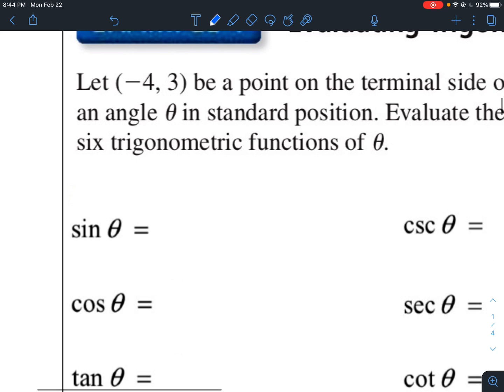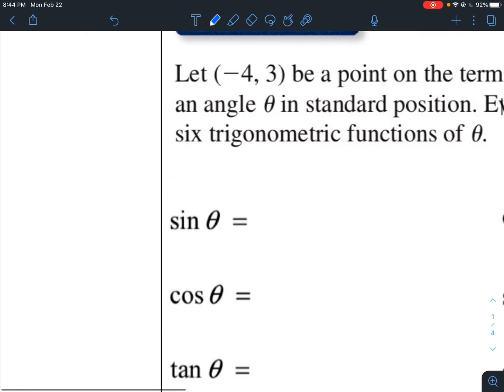So we know the Pythagorean theorem. I'll write it off to the side here, which is, if we're going to use the same variables as we're using here, x squared plus y squared is equal to r squared. And then if I take the square root of both sides, I get r is equal to the square root of x squared plus y squared. So this is how I solve for r.